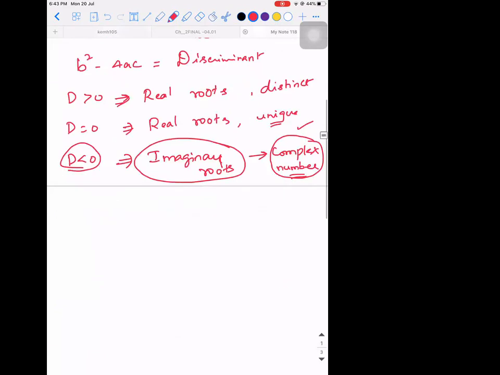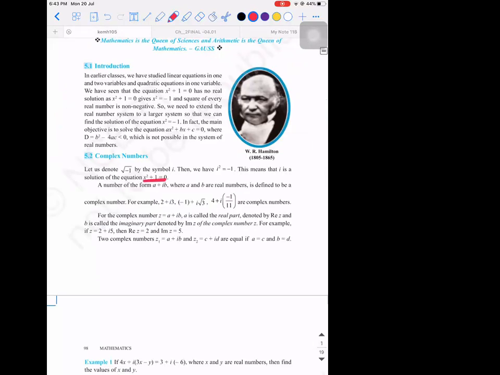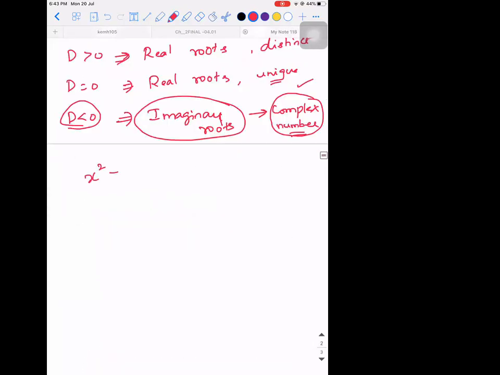See, I'll take the example they've taken: the equation x square plus 1 equal to 0. If I ask you what value of x you can substitute in this quadratic equation so that the answer comes out to be 0, can you tell me? x square is equal to minus 1. We solve it by pushing the constant to the other side, variables on one side.